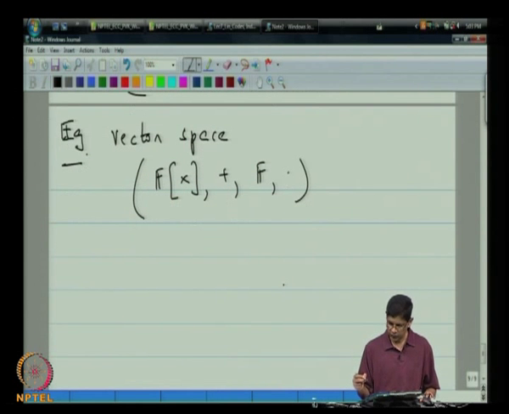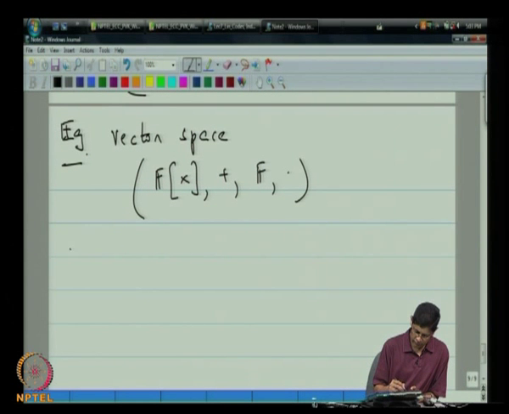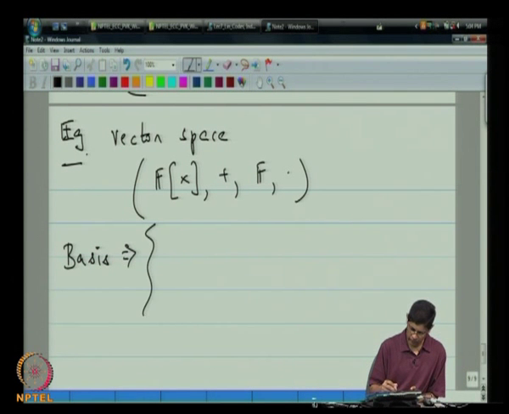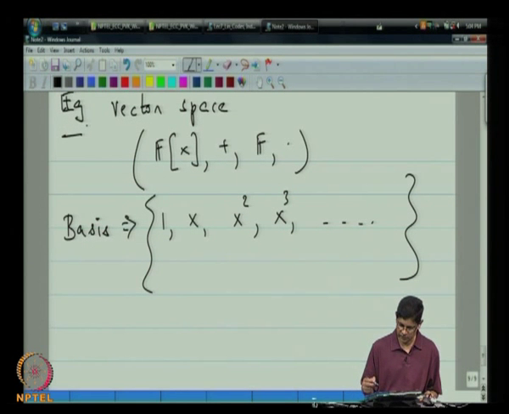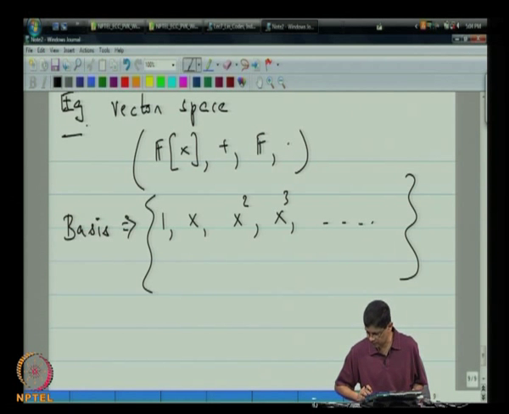Then you can verify that the following is a basis: the polynomials 1, x, x squared, x cubed, and so on. This set is a basis, and you can verify that it satisfies the requirements.